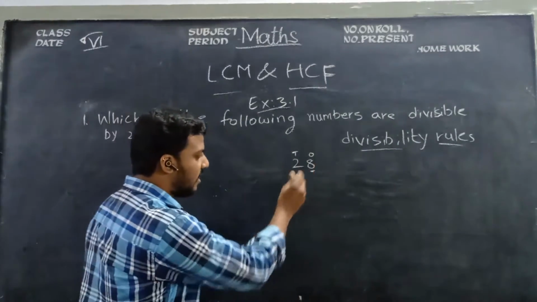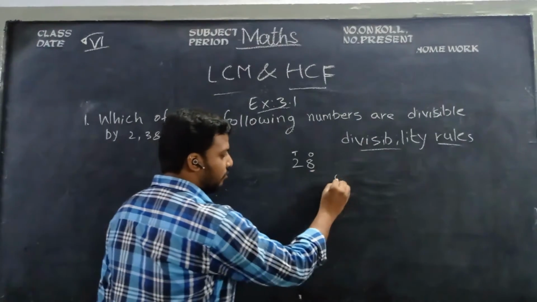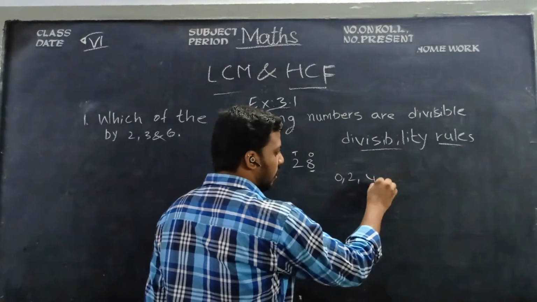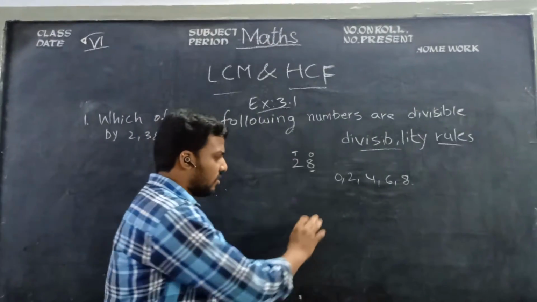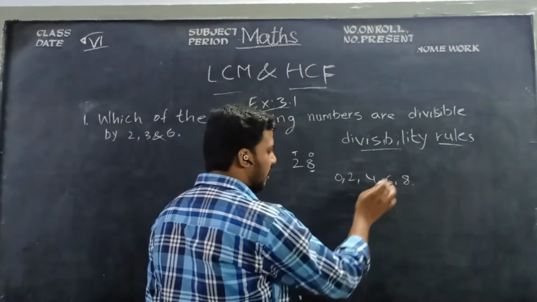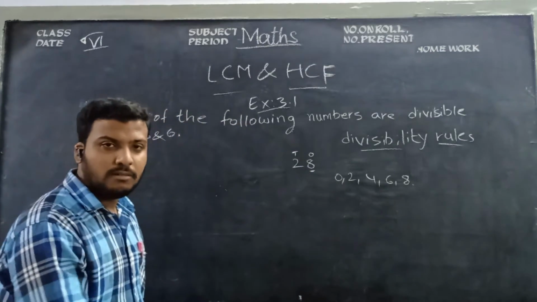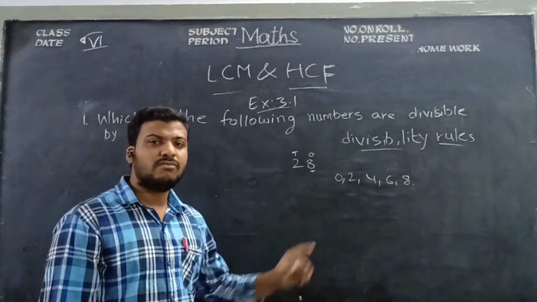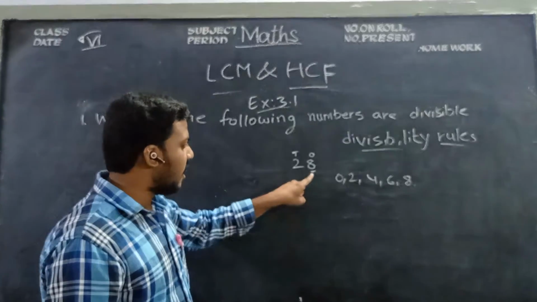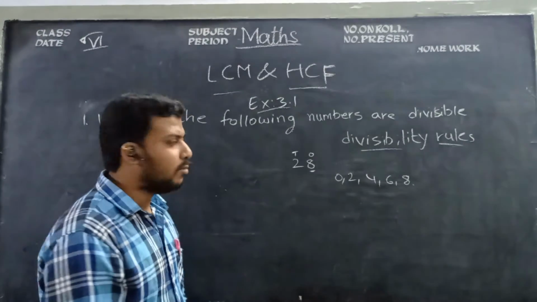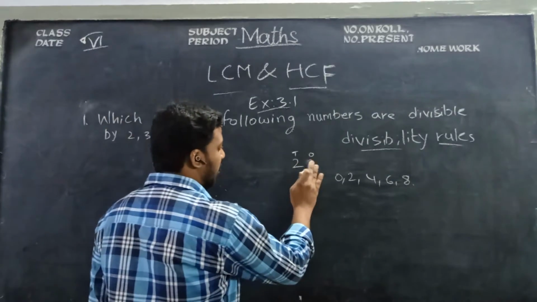So at the ones place, if any of the digits like 0, 2, 4, 6 and 8, if there are any numbers 0, 2, 4, 6, 8 in the ones place, we can surely say that this number is divisible by 2 children. So here it is 8. I can say this number is divisible by 2.